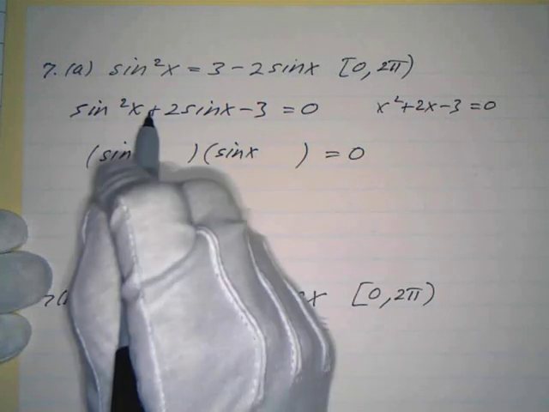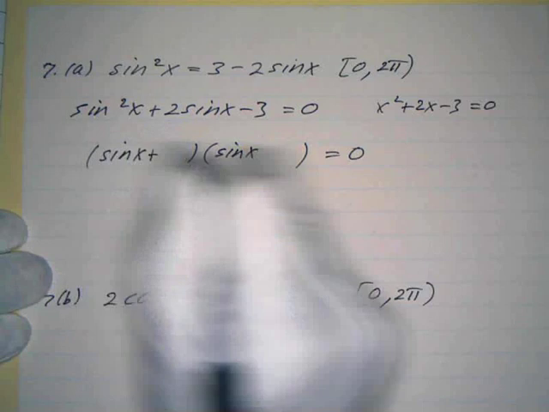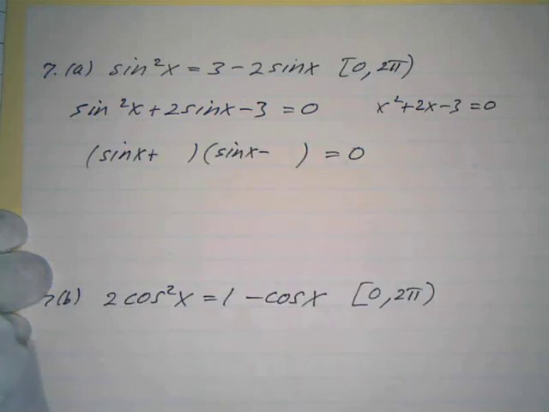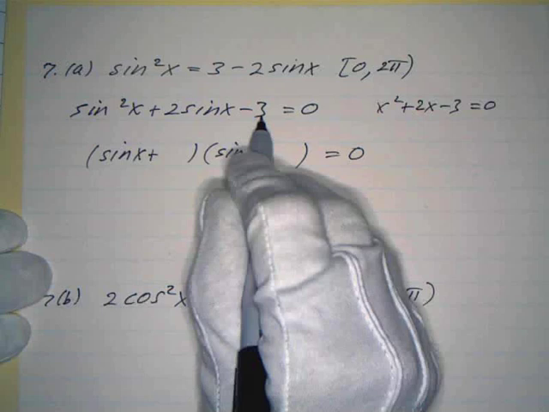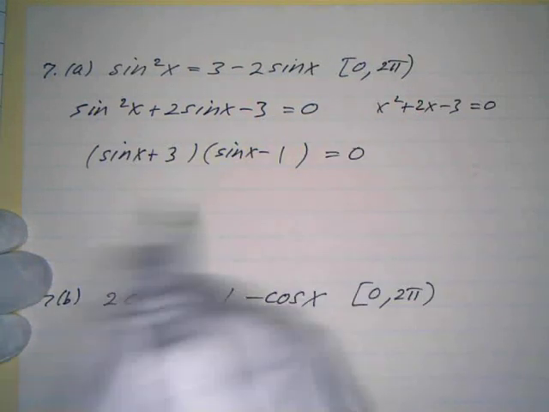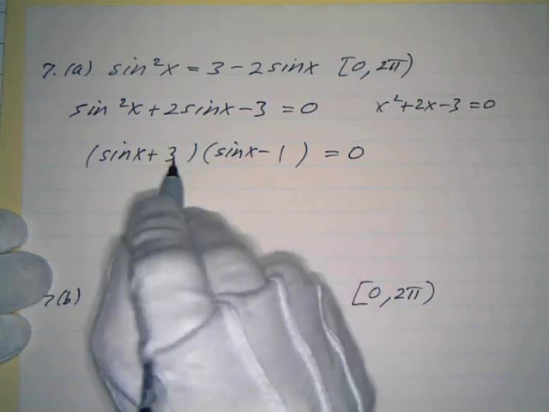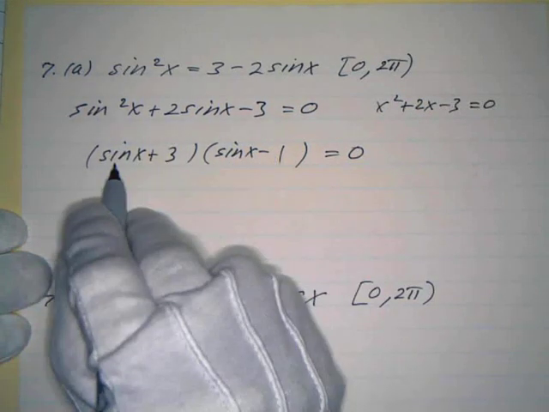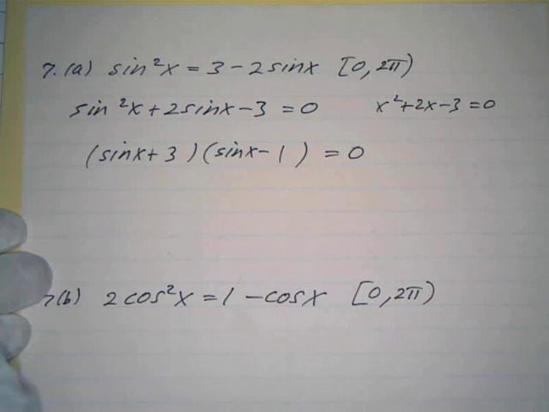Sine of the larger is positive, so I usually put my larger there. It doesn't always have to go like that. And then I need two numbers that multiply to give 3 and differ by 2, so that would just be 3 and 1. And of course you always check it. That's going to be sine squared, that's going to be negative 3. Then my outside and inside, that'd be 3 minus 1 is 2, so it checks out, positive 2.